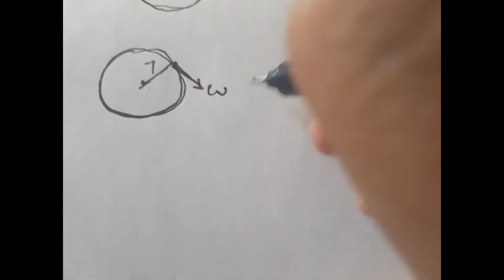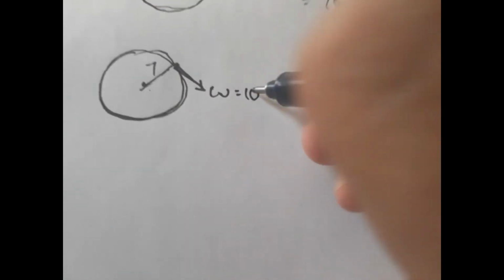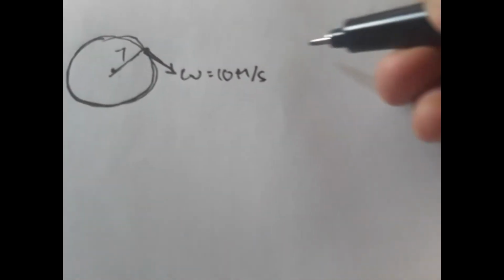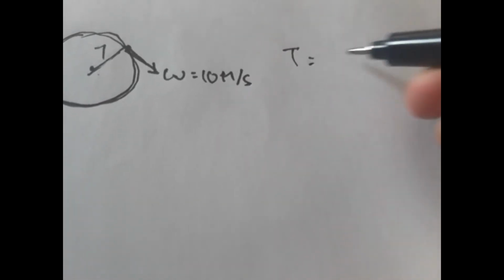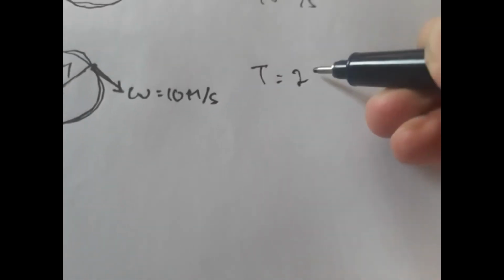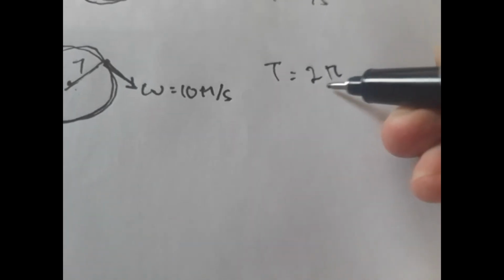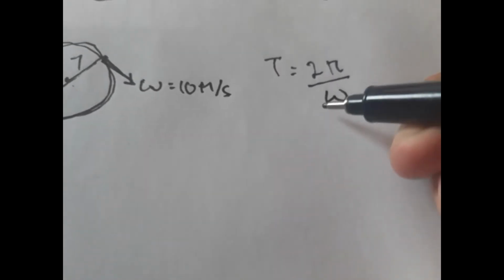Now to find the period, for example, if you have another circle with the same radius and angular speed, all you need to do is write down the formula and put it all in.